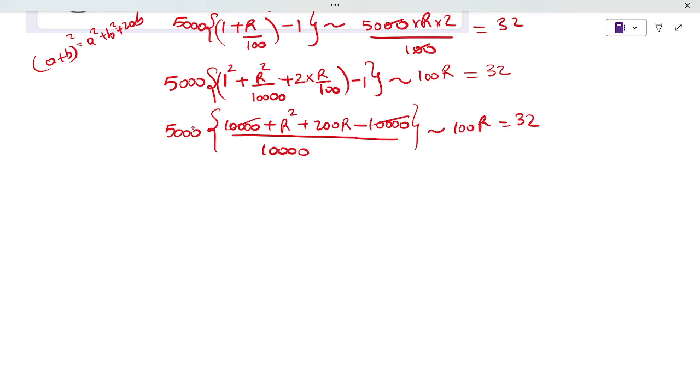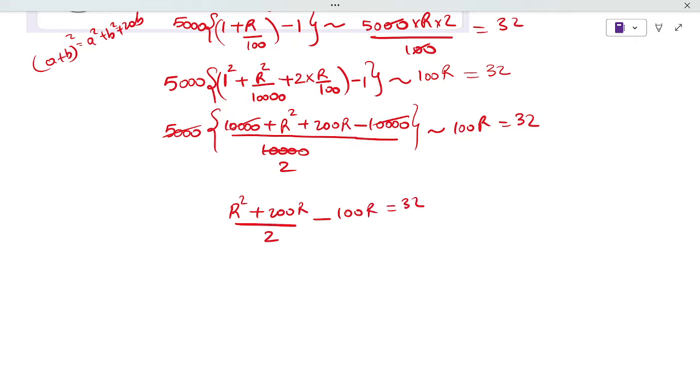Now we have 5,000 times 2, so we can write r square plus 200 r by 2 minus 100 r.